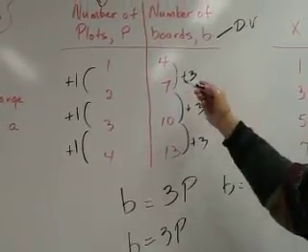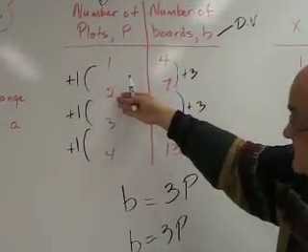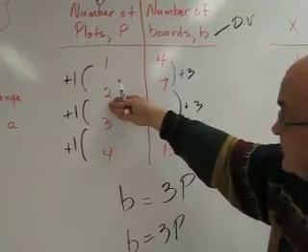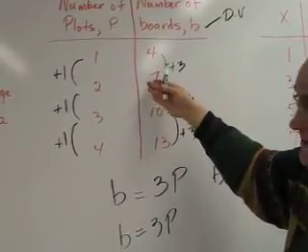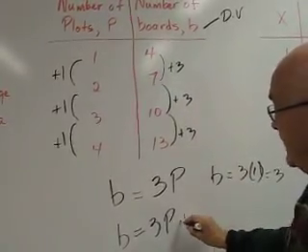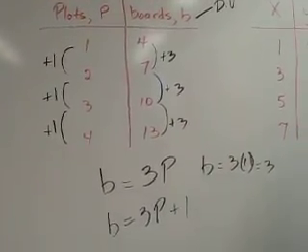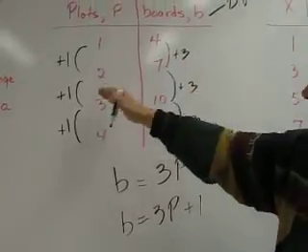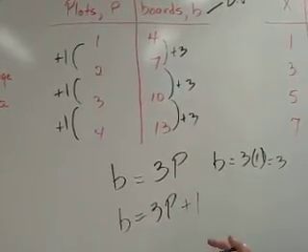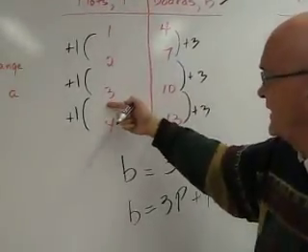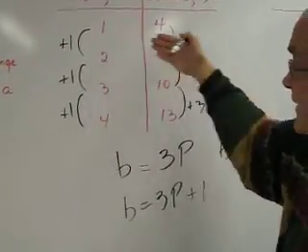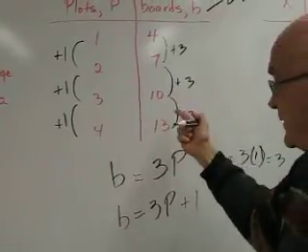By trial and error, if I take this as an example, 3 times 2 is 1 short of 7. So it suggests to me that if I add 1, this might be the relation that links the number of boards to the number of plots. But it's best to try that out fully. Actually, it should be tried out on every value, but I'll just give you an example.